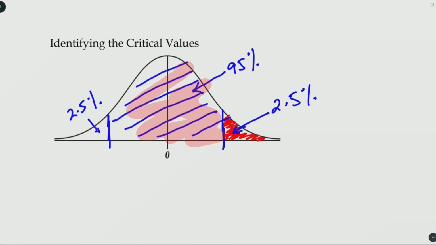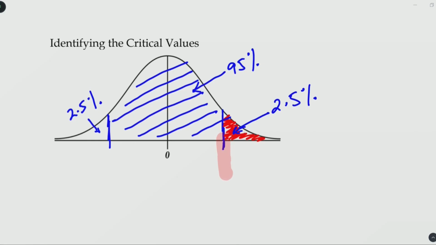So what we will do is, we will look into the cumulative probability being 97.5. Why are we looking at 97.5 and why not 95? Because our objective is to find this particular Z score.